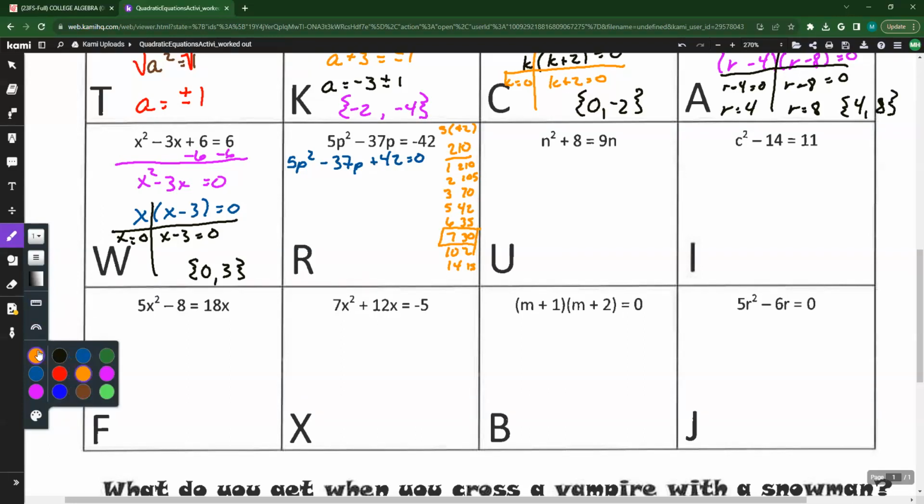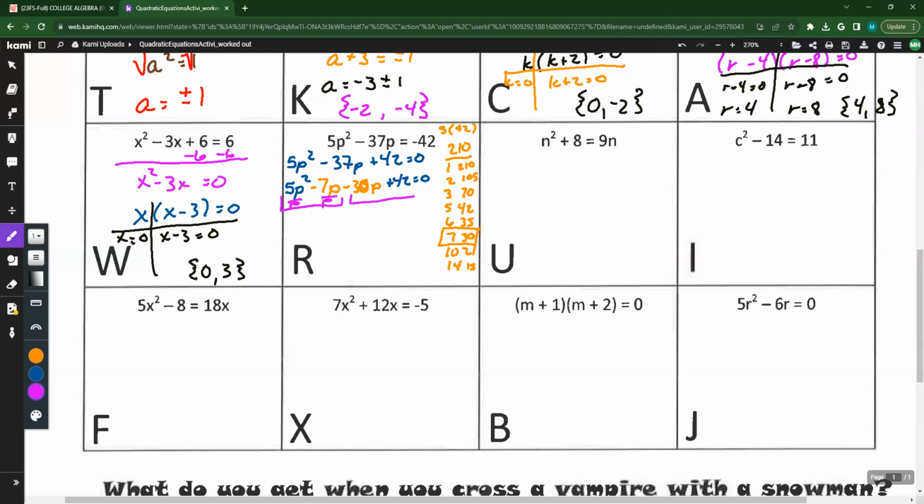So I'm going to rewrite. I have 5p squared minus 7p minus 30p, sorry. And then plus 42. All right, factoring 2 at a time. These two, we can pull out a p.